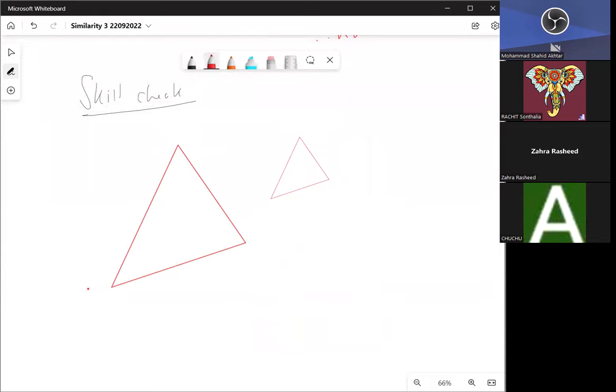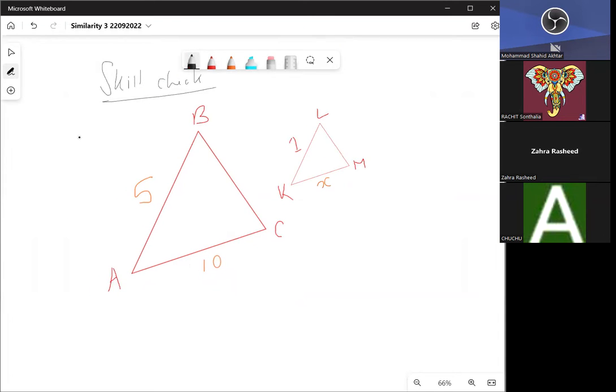One of them is A, B, C. The other one is K, L, M. Now I can tell you that AB is 5, AC is 10. What is KM? If KL is 1. How do we solve this question? Question is find X.